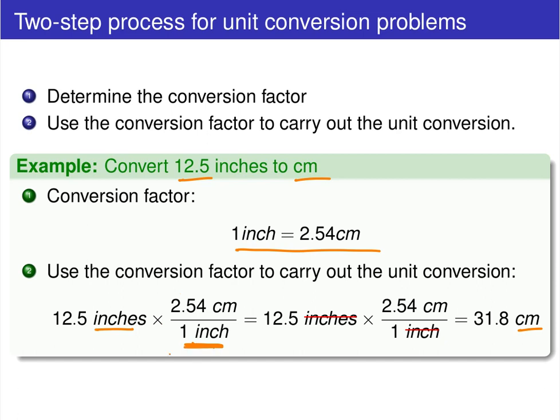Okay? A common mistake I see students make is writing out a conversion factor. You oftentimes will identify the correct conversion factor, but sometimes mix it up, and you could, for example, put the 1 inch up top and the 2.54 centimeters on the bottom.